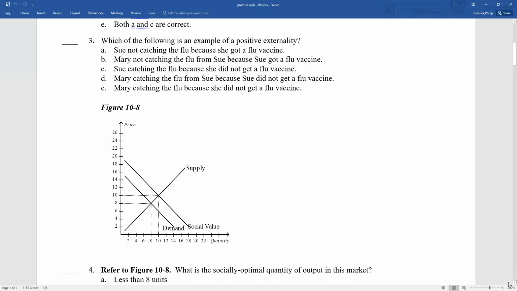So you could look at the same type of question. Just remember, it's the third party involvement that makes an externality. Like looking at A, Sue not catching the flu because she got a flu vaccine. No, she paid for the vaccine. That is not the third party.